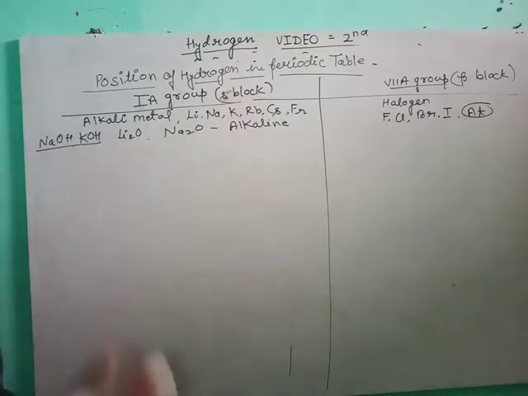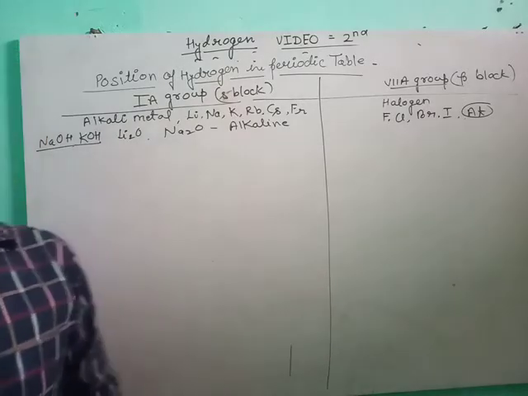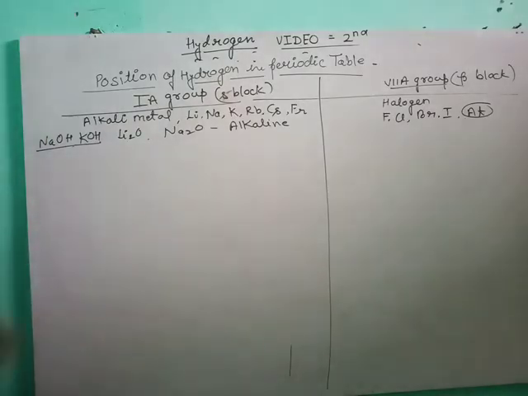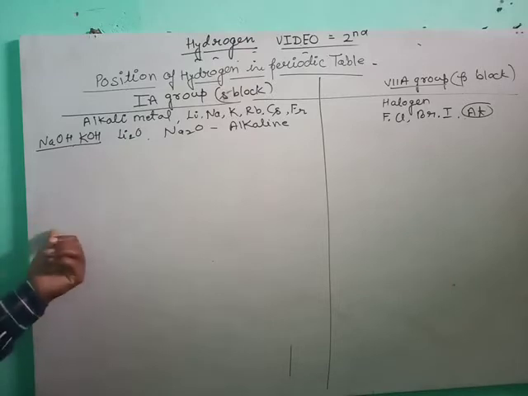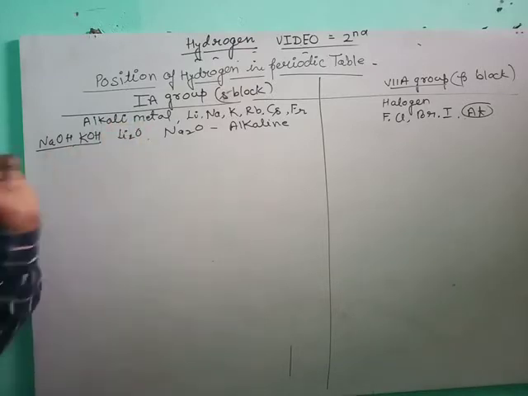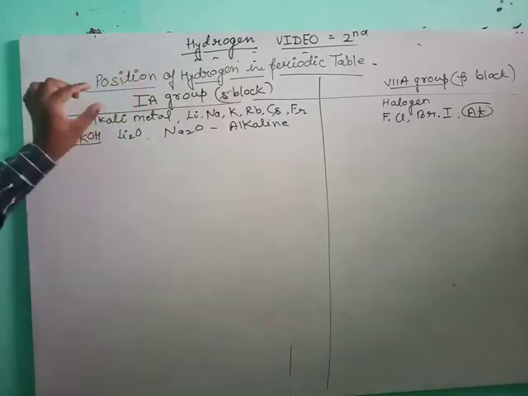Means if any element is situated in a group, then it is confirmed that the properties of this element are similar to this group. So first we discuss the similarity of hydrogen with alkali metals, meaning the S block and first A group.